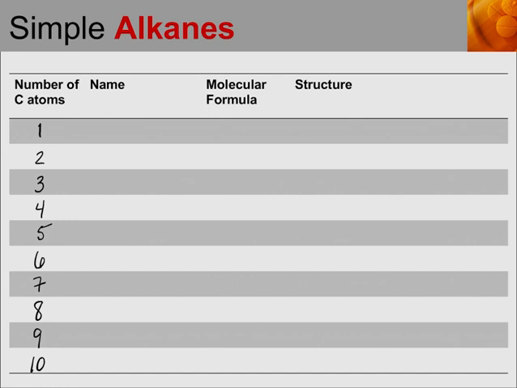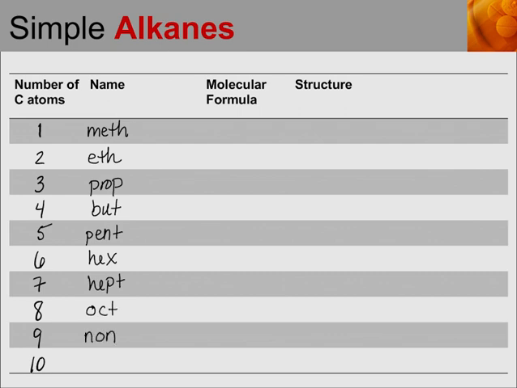If you have 1 carbon atom, the prefix will be meth. 2 carbon atoms, the prefix is eth. 3 is prop. 4 is but. 5 is pent. 6 is hex. 7 is hept, 8 is oct, 9 is non, and 10 is dec.